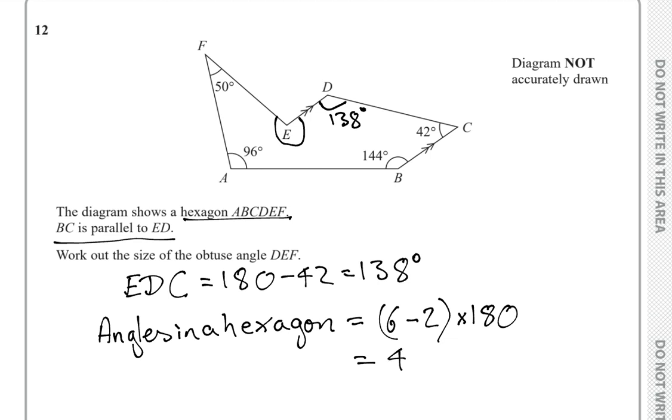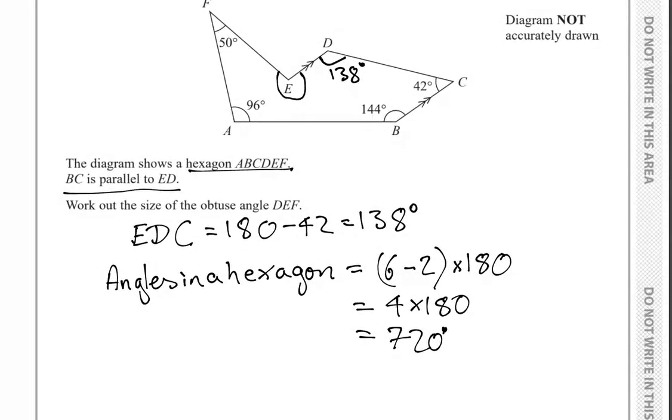So it's 4 times 180, which is 720. So it's always the number of sides, take away 2, and it's that many triangles effectively in the shape. So 720.